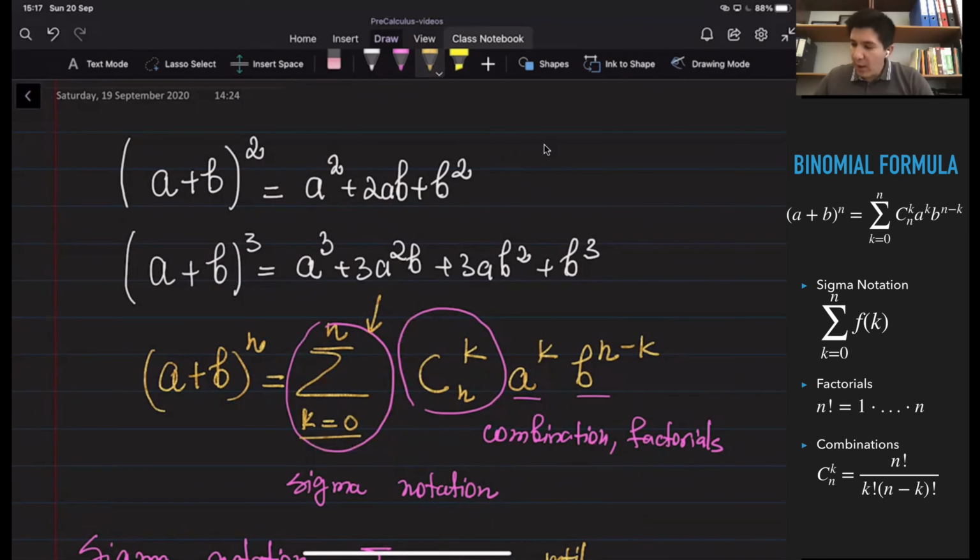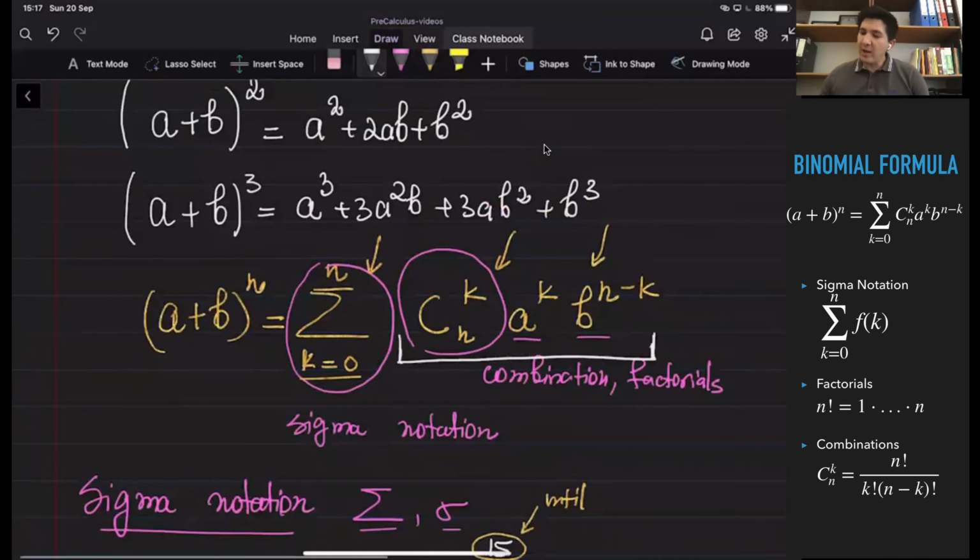I know how to calculate the combinations, so for every value of k, I need to calculate the combinations. Then we need to calculate all of these other terms as well. If you remember, when we introduced the sigma notation, we said there's going to be a formula which we need to calculate for every value of k. And this formula for the binomial formula is going to be really huge, so we need to do lots of calculations.